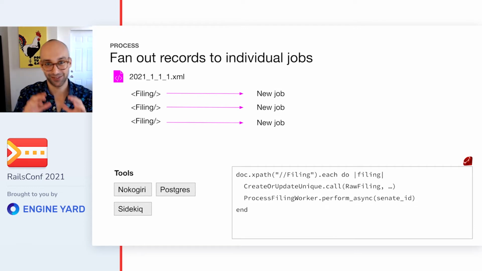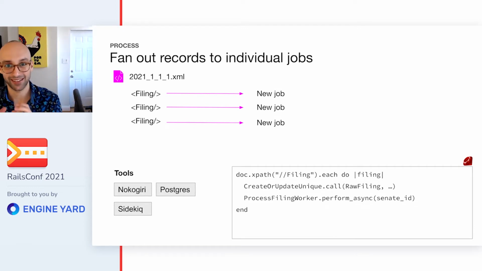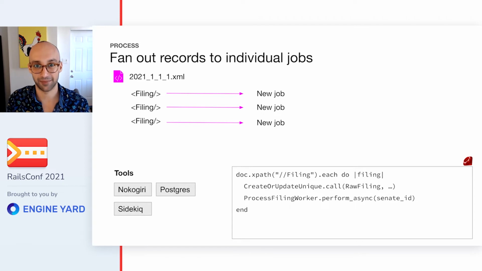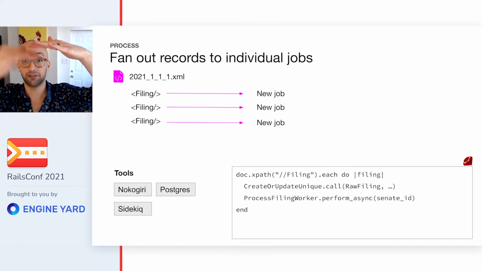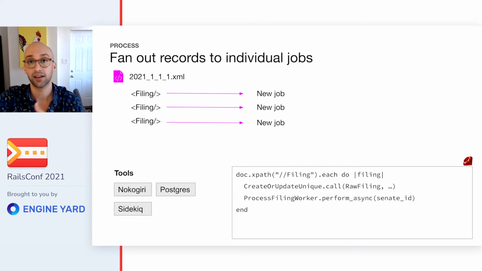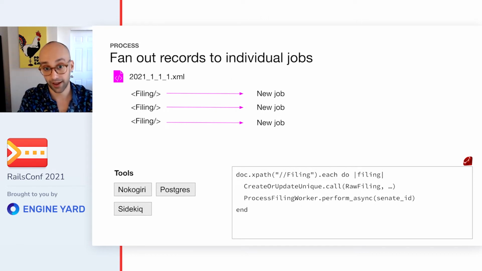Now, we have a job that is processing one XML file. Within each XML file, we have about 1,000 filings. And these are XML entities. So it's like a tag almost, filing. And then under that, you have basically the fields of the form that DLA Piper would have filed for their relationship with Chipotle.